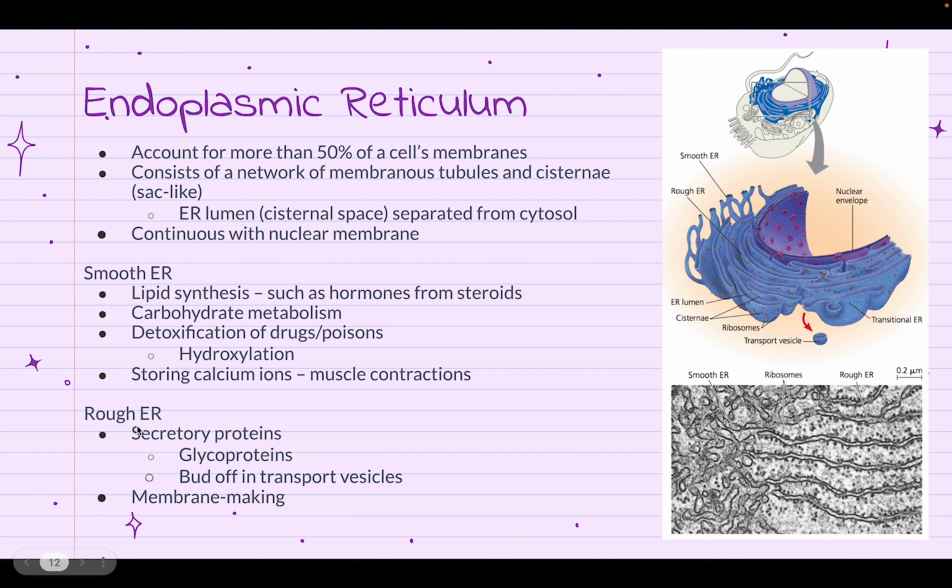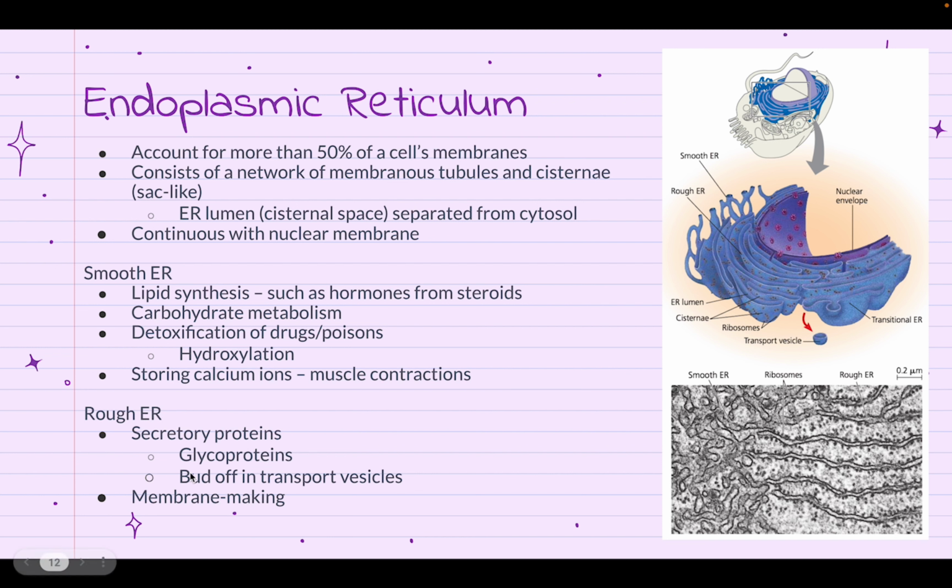All right, rough ER mostly makes secretory proteins, proteins that are going to be secreted outside of the cell, and this includes glycoproteins. These proteins bud off in transport vesicles. You can see here, these vesicles are just budding off from the ER, and the proteins are going to make it to the outside of the cell eventually.